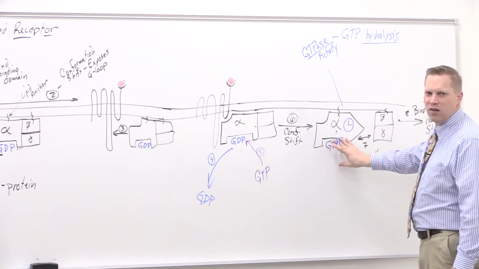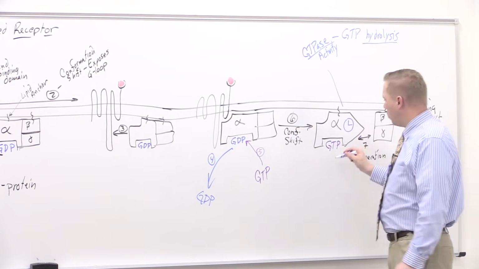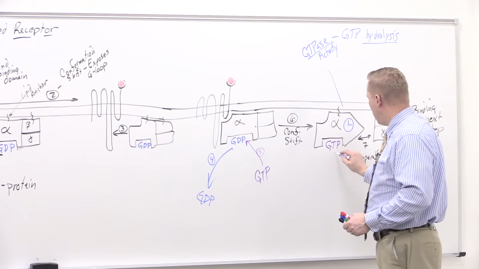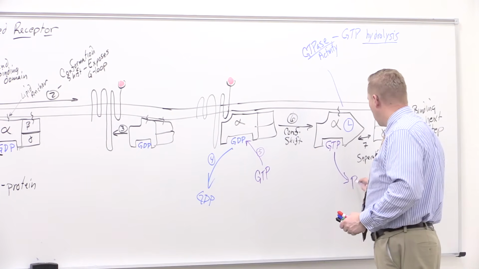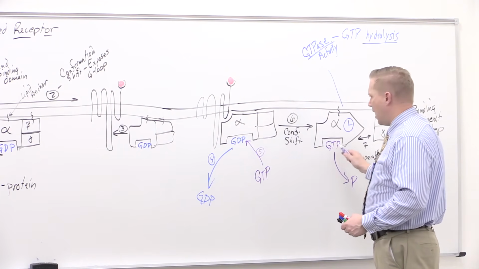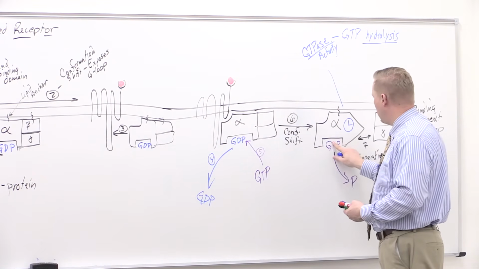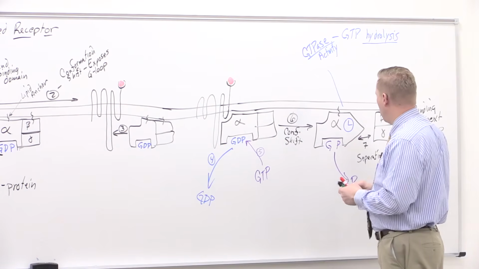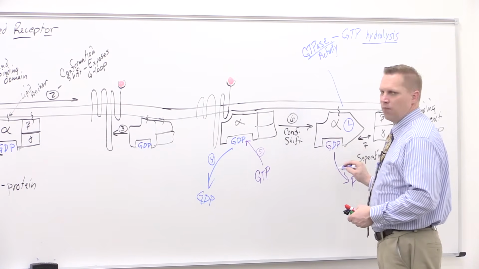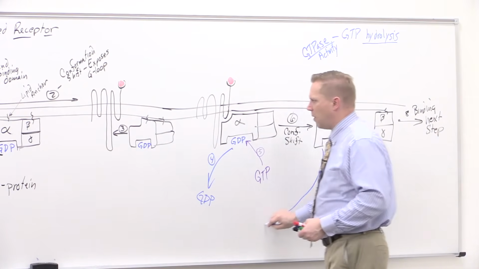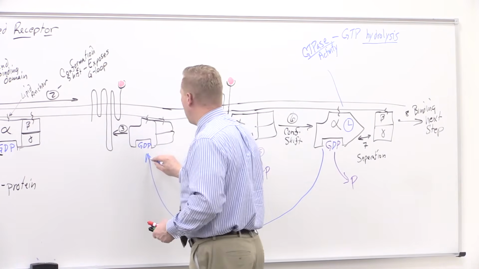It will hold the GTP for so long, and then it will cleave it, and the phosphate comes off. So we'll get the phosphate coming off, and then that turns it into GDP. Well, when GDP is bound, it comes right back down to that version.